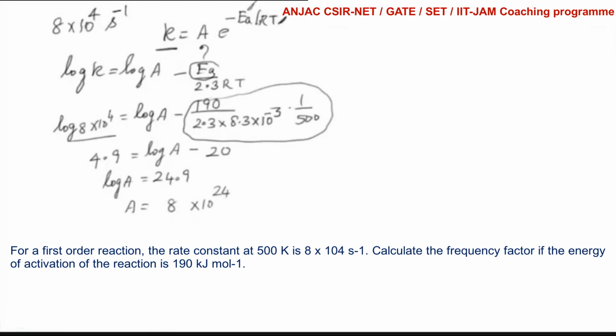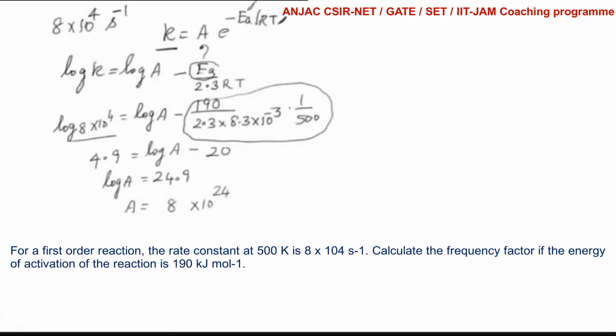Now I will give you one more problem, and all other problems would be based upon this one. It's a very, very easy thing. So if you properly understand it, take down the next question.